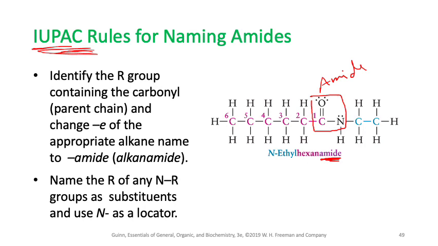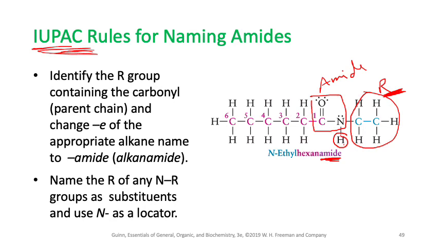Then the other thing that you need to remember is which kind of group is attached on the nitrogen. You have two kinds of groups, one is an R group, another one is hydrogen. So if you have any R group attached with the nitrogen, you have to specify that as a substituent first.